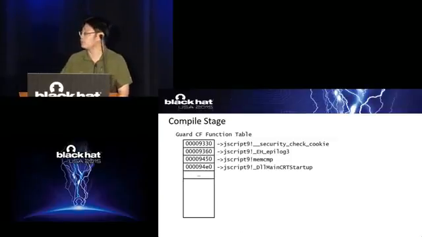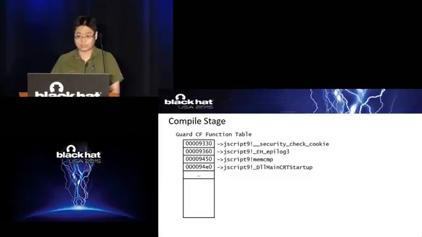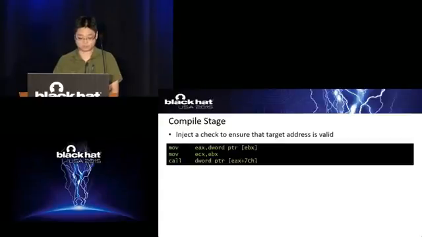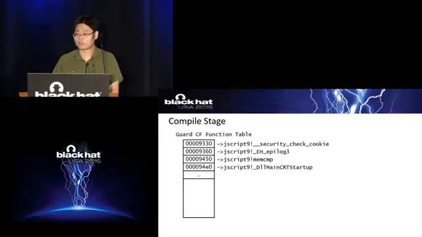Now this is an example of that table. It's an RVA list. The compiler will analyze the program and find every location that an indirect jump will arrive at, and store that info in this table.